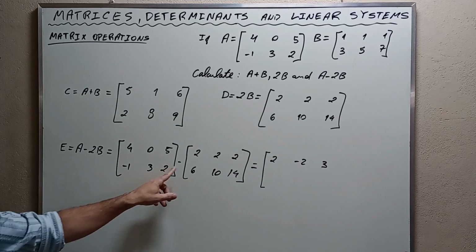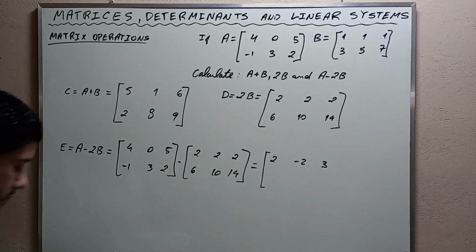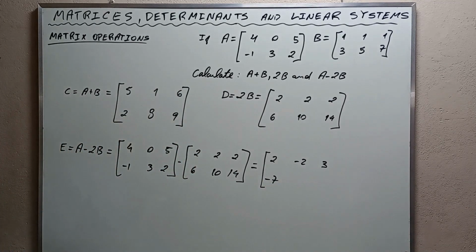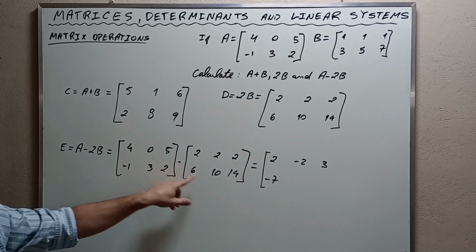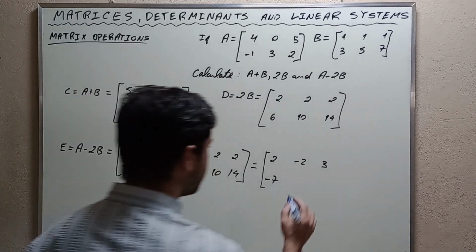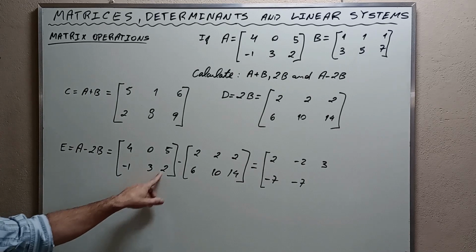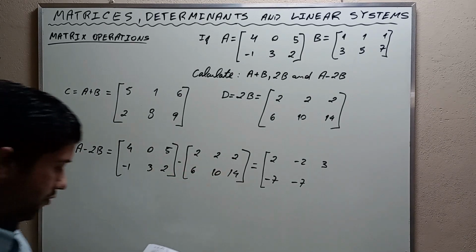Negative 1 minus positive 6 is negative 7. 3 minus 10 is negative 7 too. 2 minus 14, negative 12.